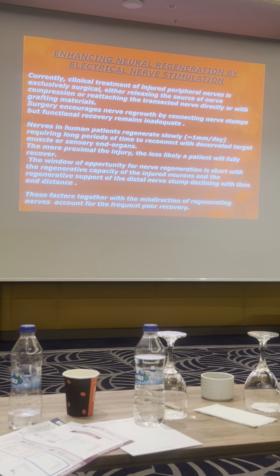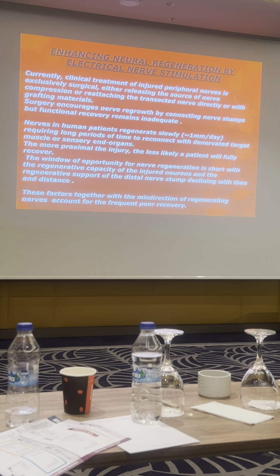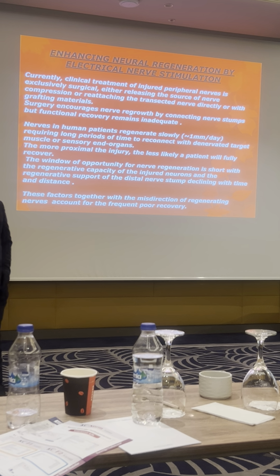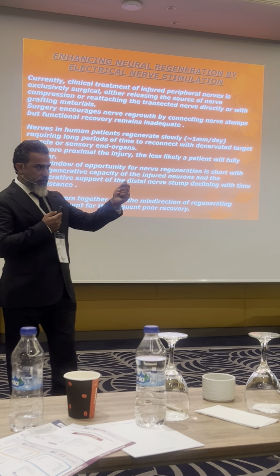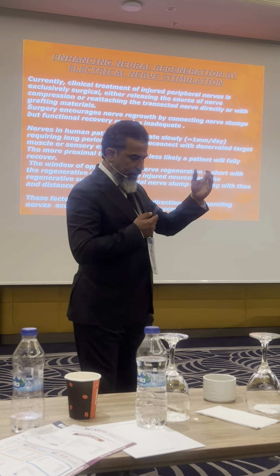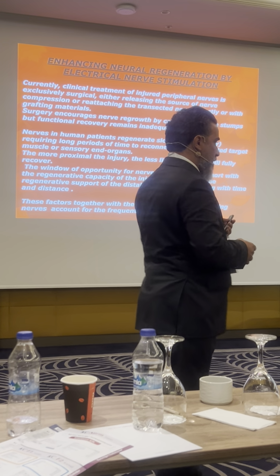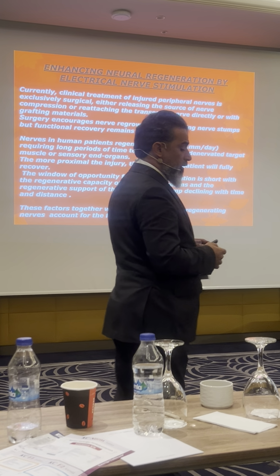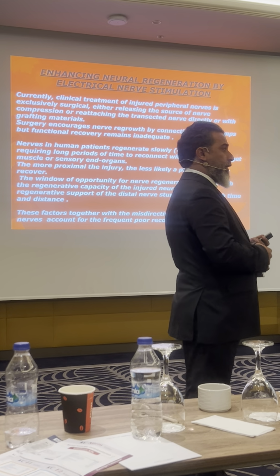So what is the mechanism of the stimulation? As we saw in the video, the patient could move the hand after minutes. The mechanism here: we know the nerve in human patients regenerates 1 millimeter per day.